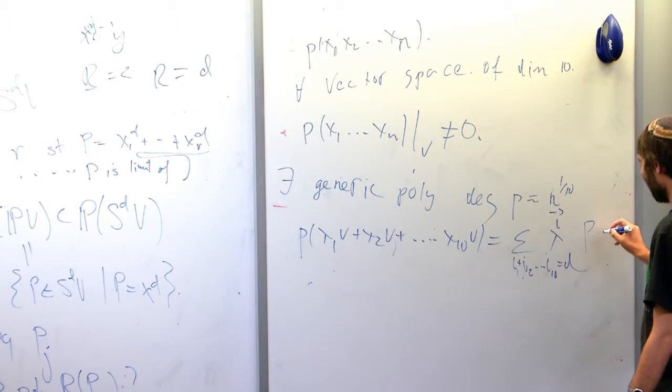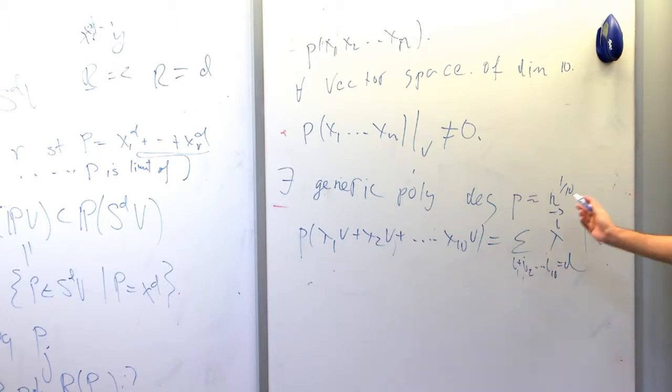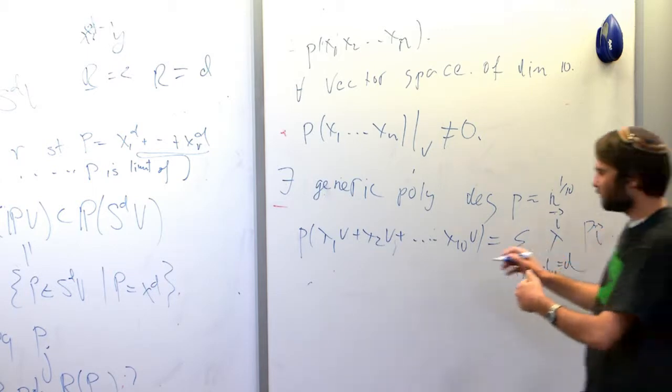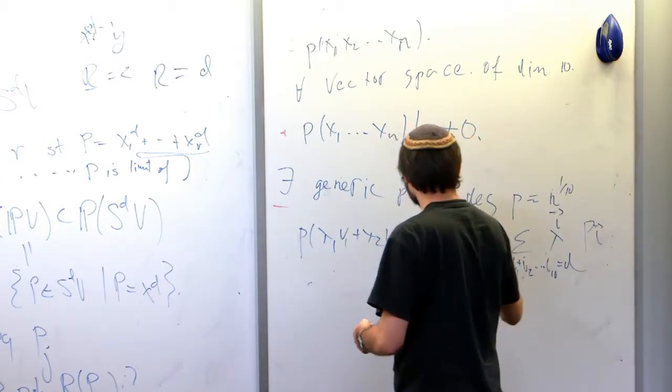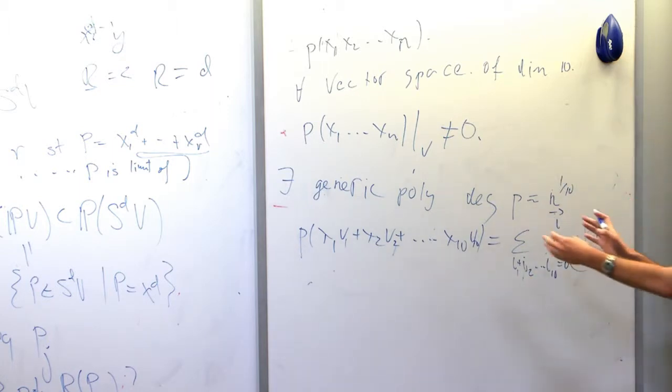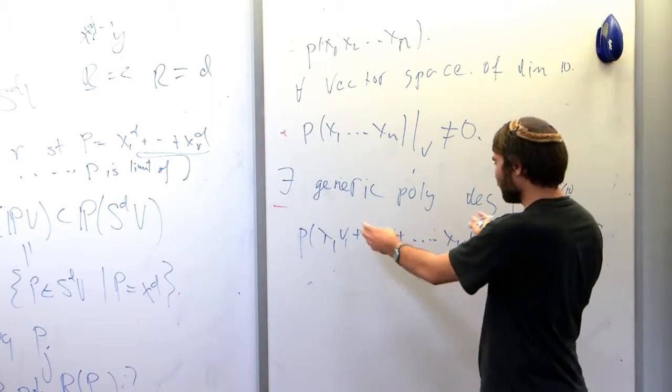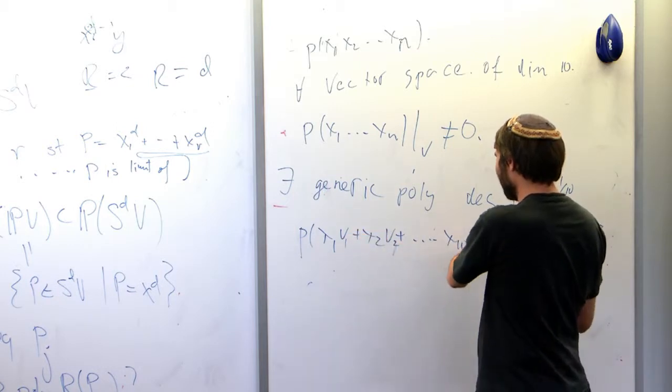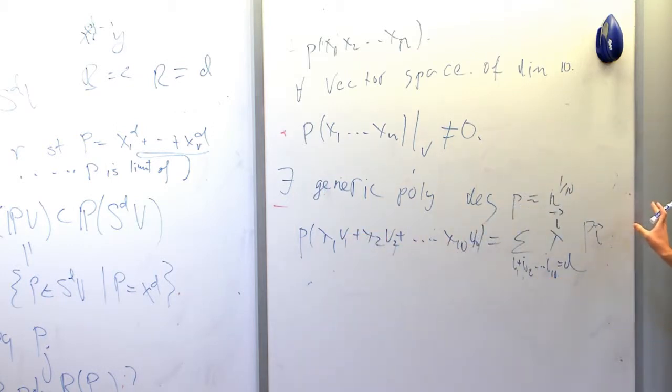You expand it this way, and it's zero if and only if all these polynomials are zero at some point. You can find points in V1, V2, ..., V10 such that all these polynomials will be zero. So you cannot take the degree too small.